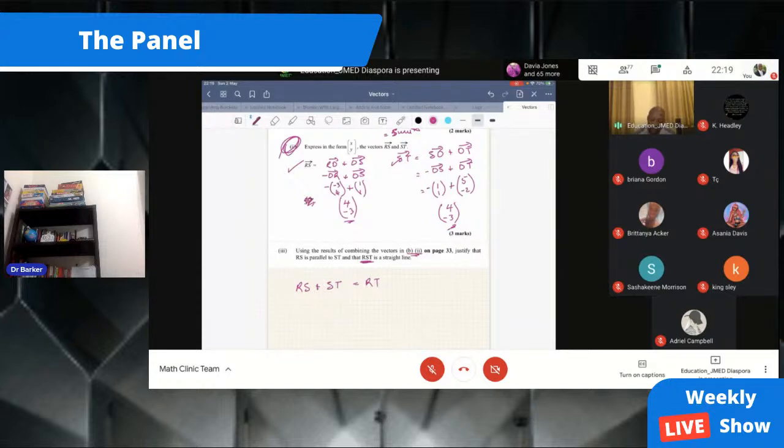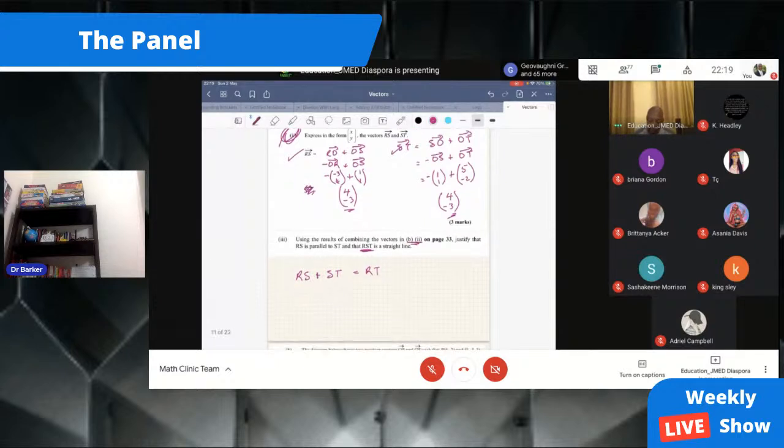Because I've already found out what RS is and I know what ST is, I need to find what RT is. RT is RS plus ST. I can put the RT here at the front, since that's what we are used to.